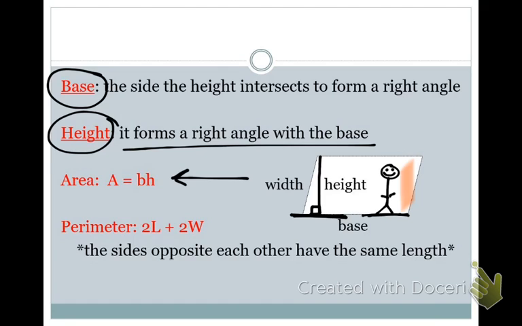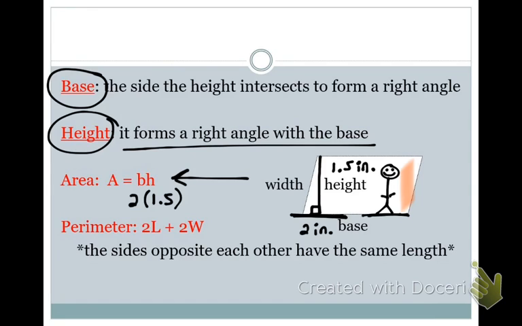So let's imagine that this little teeny tiny person right here, his height is 1.5 inches. He's a cute little tiny guy. Then let's imagine that the base for this whole parallelogram is 2 inches. So I would be plugging in my base, which is 2, and multiplying it times my height, which is 1.5.